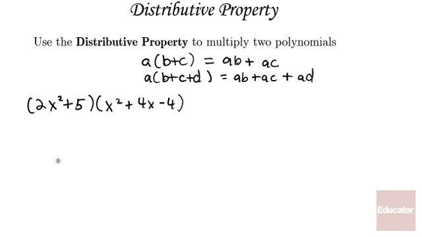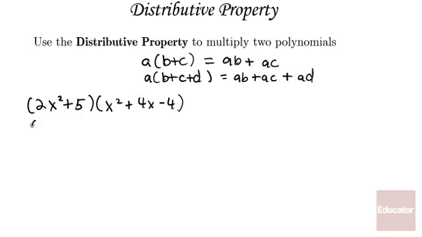So using the distributive property, we've worked with monomials where we would just have one term out here and multiply it by each term inside the parentheses. Now we do the same thing but with each term. I'm going to multiply 2x squared by each of these, and then I'm going to go back and do the same thing with 5, multiplying it by each monomial in here.